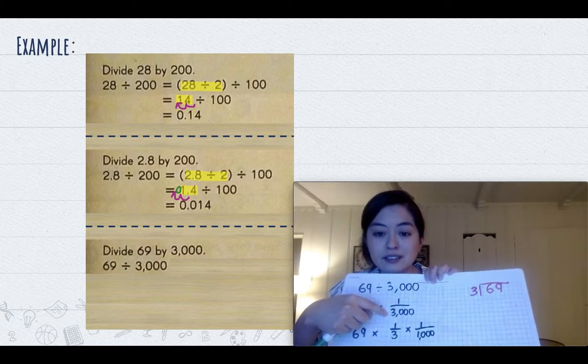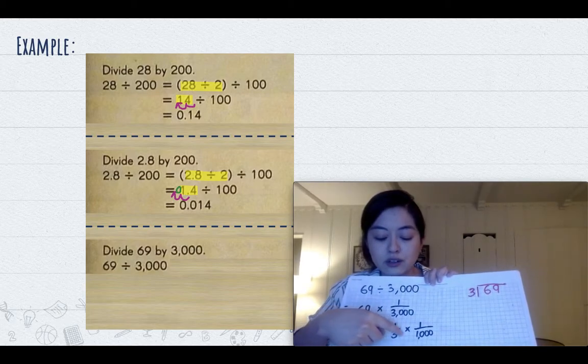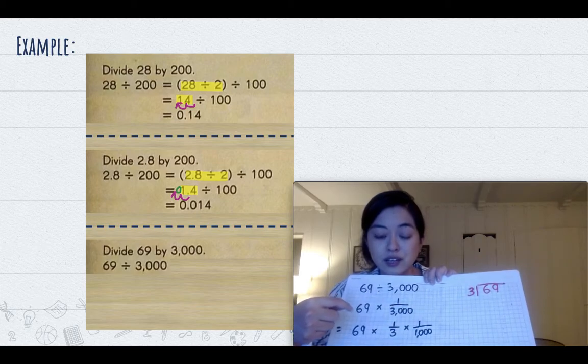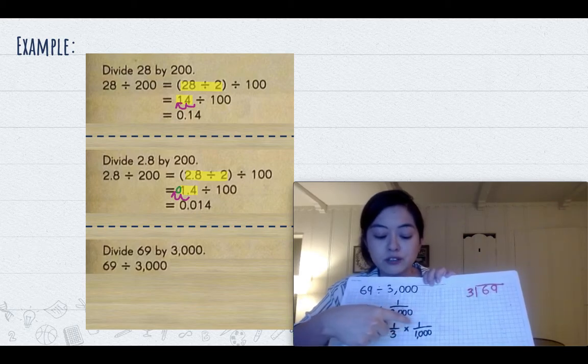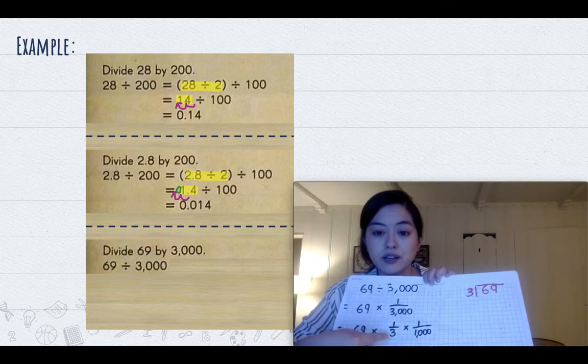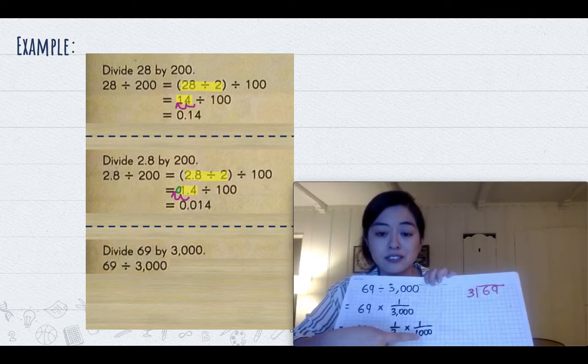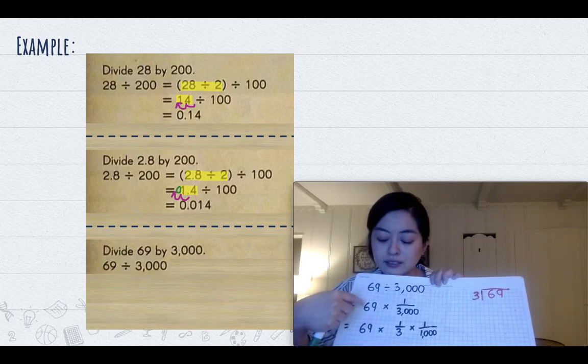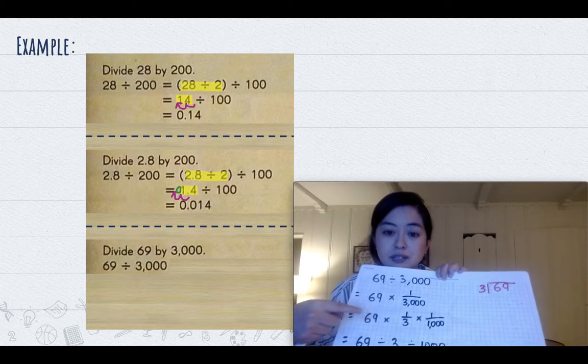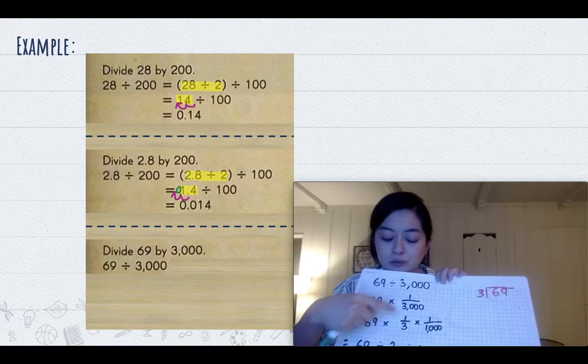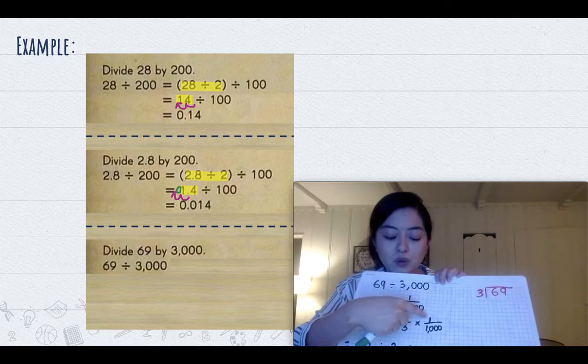So 1 over 3,000 becomes 1/3 times 1 over 1,000. Okay, because if I multiply the numerator, it's 1, and I multiply the denominator, it's 3 times 1,000, which is 3,000, which is 1 over 3,000. And then 69 times 1 over 3,000 becomes 69 times 1/3 times 1 over 1,000.